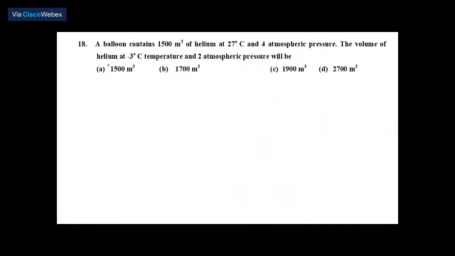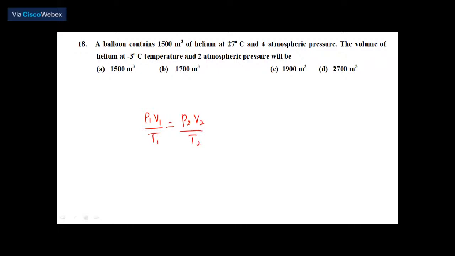A balloon contains 1500 meter cube of helium at 27 degrees Celsius and 4 atmospheric pressure. The volume of helium at minus 3 degrees Celsius temperature and 2 atmospheric pressure will be. It's almost the same as one of the earlier problems. So we have to use the formula P1 V1 by T1 is equal to P2 V2 divided by T2.